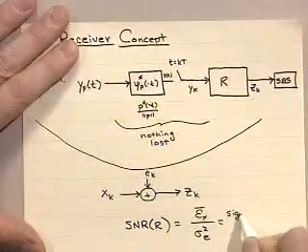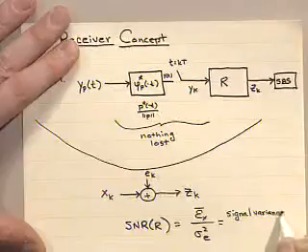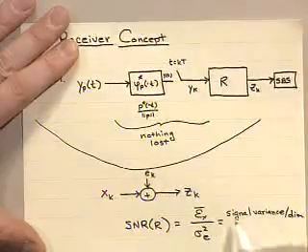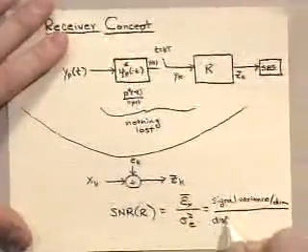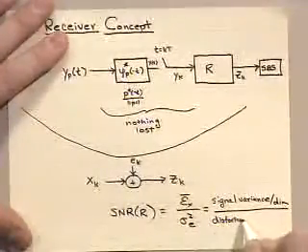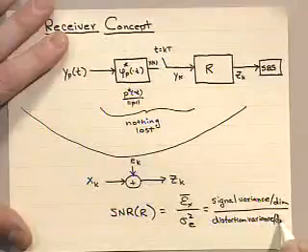So I could write signal variance divided by the number of dimensions over distortion or error variance divided by dimension.